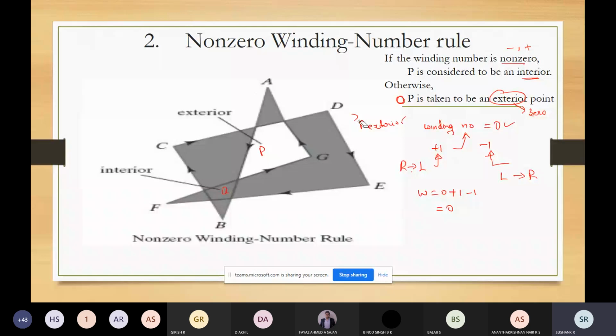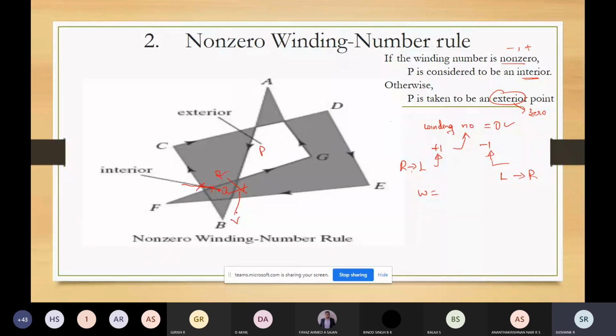Now we'll talk about the same thing for the point Q. For point Q, I'm standing here. It is crossing 2 points. So I'll draw like this. This is my line of reference. This is my right hand side. This is my left hand side.